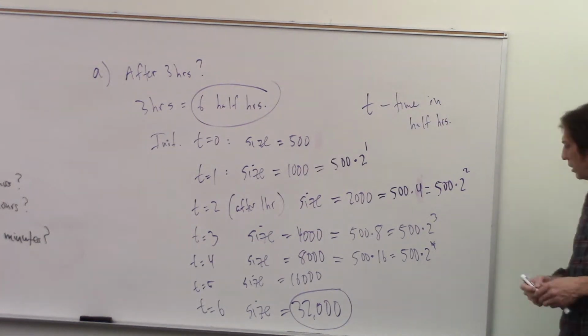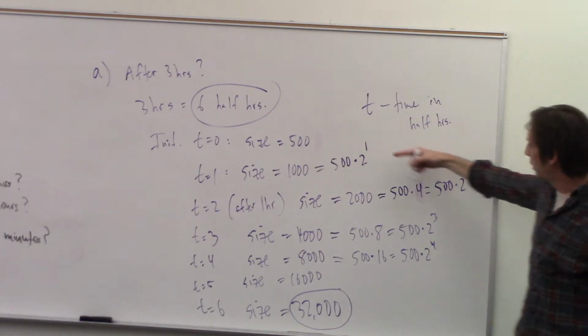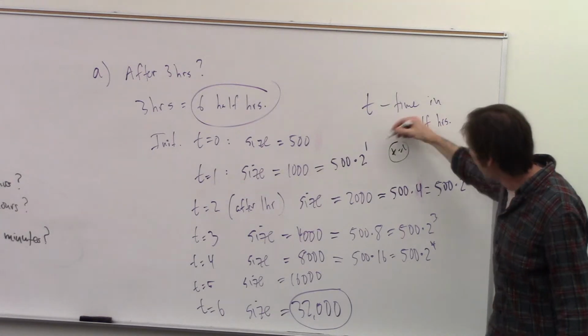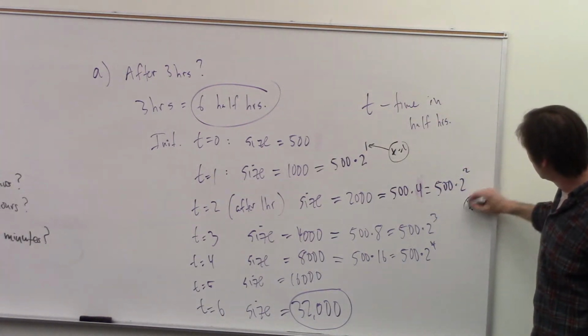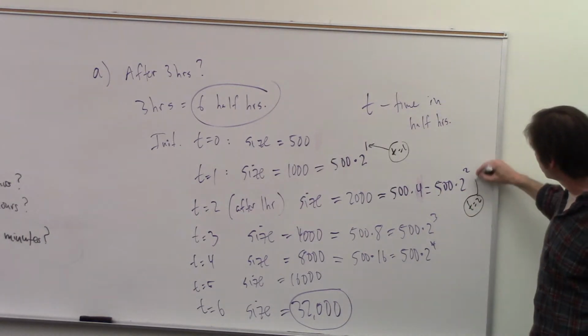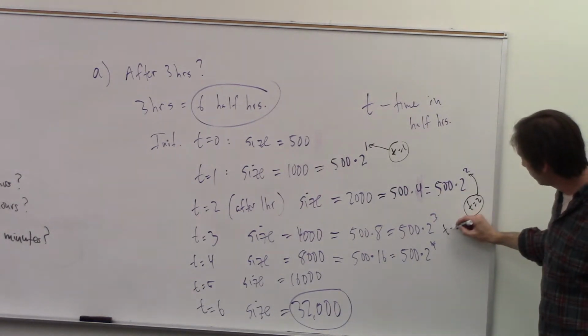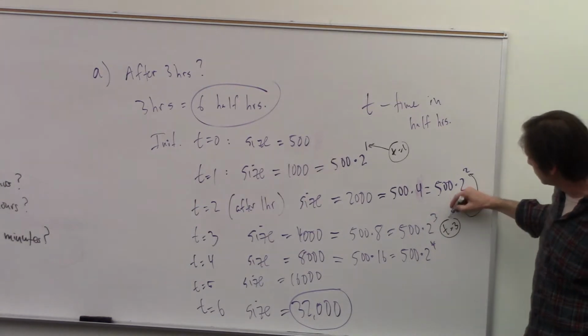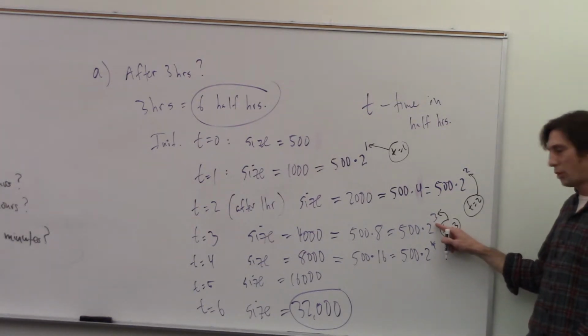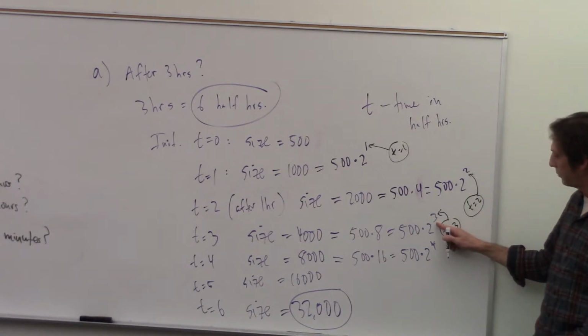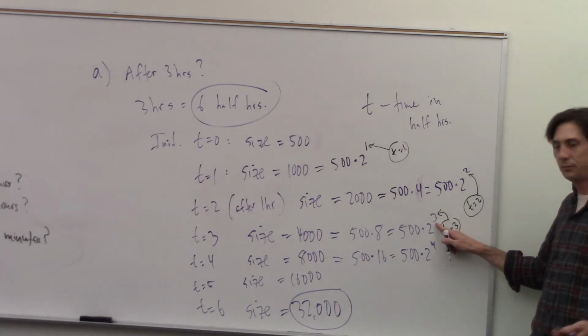And so maybe here we can see the pattern, right? When t is 1, I have 500 times 2 to the 1. When t is 2, my population is 500 times 2 to the 2. When t is 3, it's 500 times 2 to the 3. In other words, the only part that's changing in each of these lines is the exponent t.